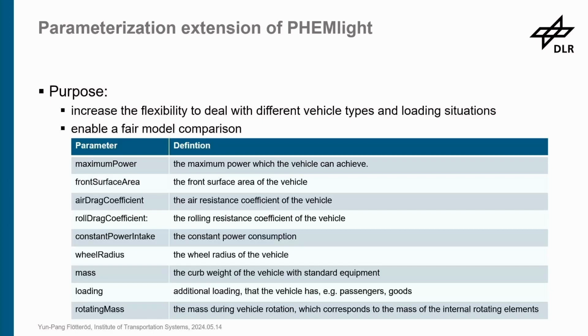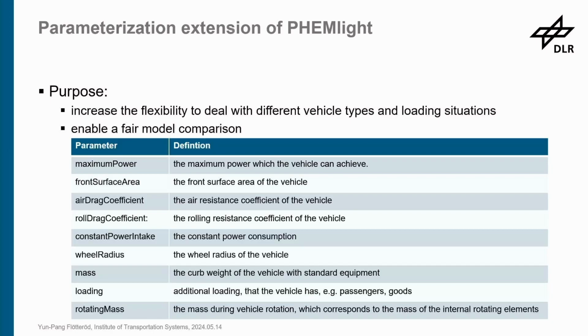At the moment, EVM and MMP EVM are actually already completely parameterizable in SUMO, so there's no need to do this work. And for HABEVA, there's no option to do that, as I mentioned, it's just curve fitting work. So we put our focus on PHEMlight 5, and we selected 9 parameters.